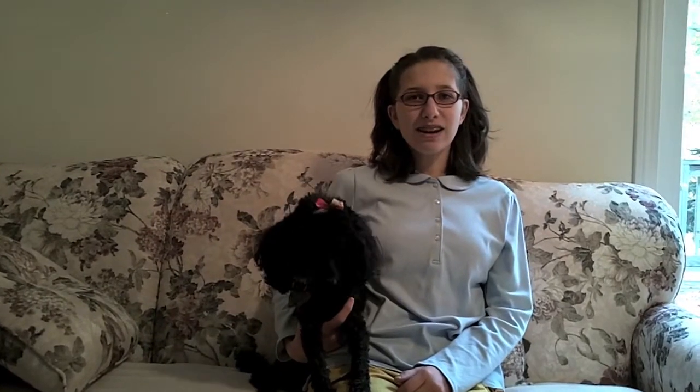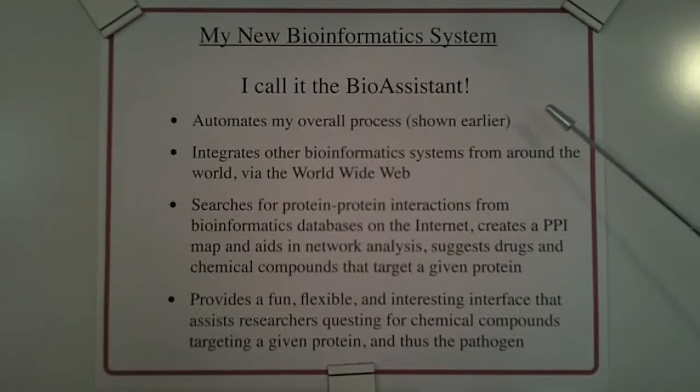Next, to automate my overall process, I created a new bioinformatics system which can be run on a laptop or desktop computer. I call it the BioAssistant. The BioAssistant automates my overall process, shown earlier, integrates other bioinformatics systems from around the world via the World Wide Web, searches for protein-to-protein interactions from bioinformatics databases on the internet, creates a PPI map and aids in network analysis, and suggests drugs and chemical compounds that target a given protein.